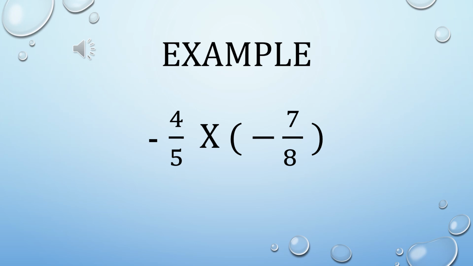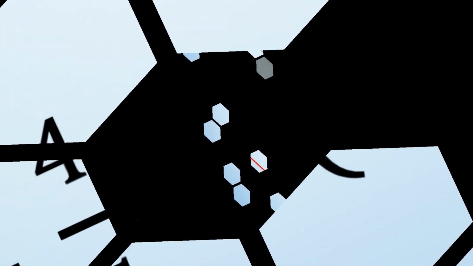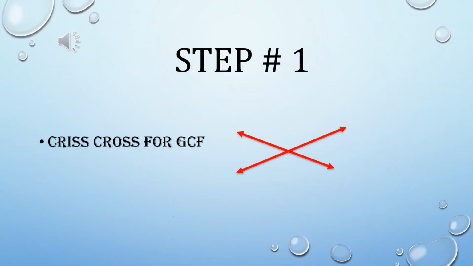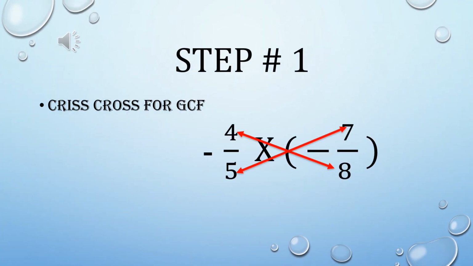Let's try another example. -4/5 times -7/8. Our first step, crisscross for GCF. In this example, you're going to look for the GCF of 4 and 8 and 5 and 7.